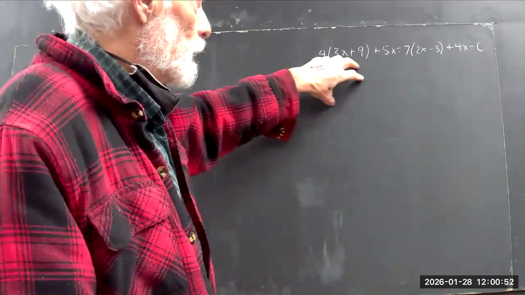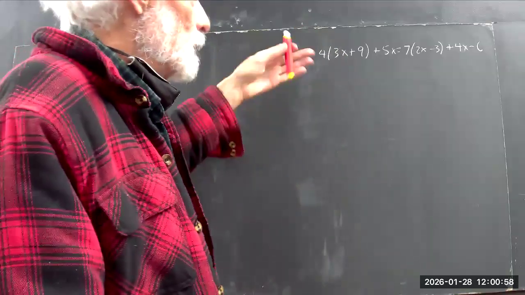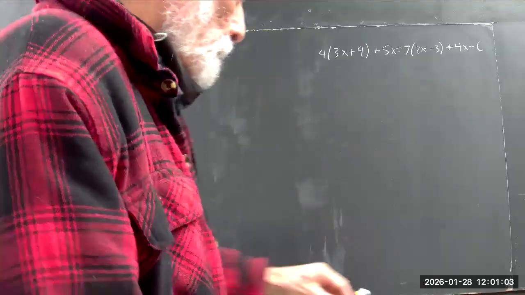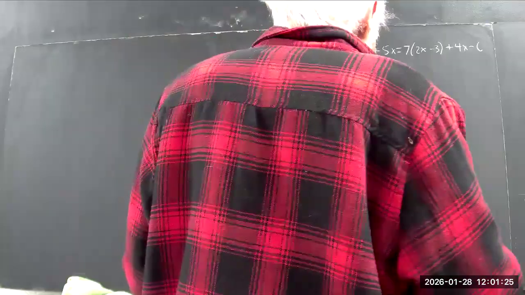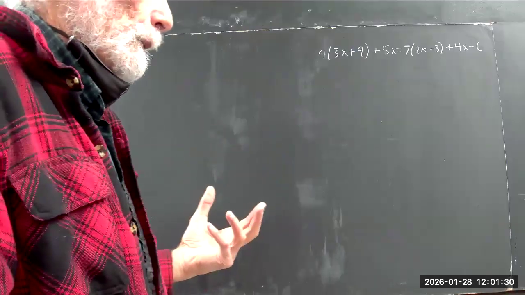I recommend that you simplify each side before you try to do anything else. Use the distributive law, multiply everything out, then add all like terms and so forth. If you could just submit what you get when you simplified both sides, then we can address any problem that might come with that simplification.